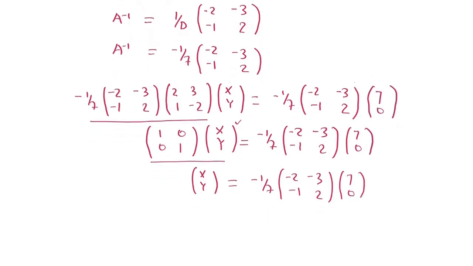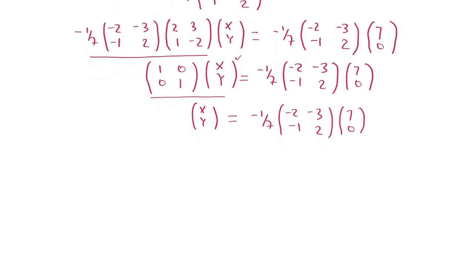Now let us multiply the matrices on the right-hand side. We have negative 1 over 7 times the matrix [negative 2 times 7 plus negative 3 times 0; negative 1 times 7 plus 2 times 0].